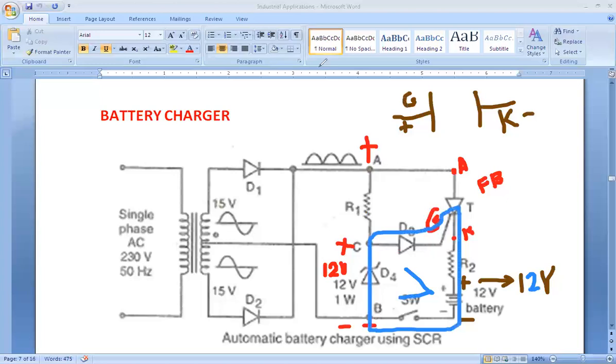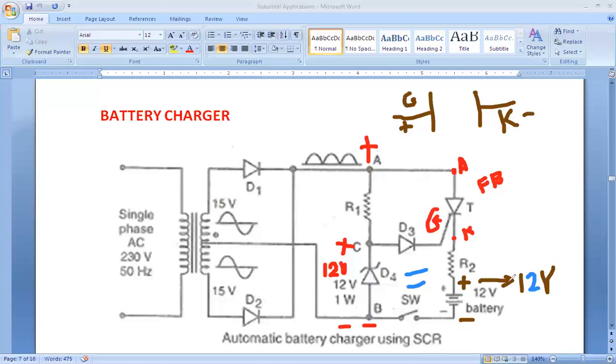Therefore, current stops flowing and the path is open circuited. As this 12 volt is equal to 12 volt, this gate will be isolated from the thyristor, and the path is turned off due to the equal potential.